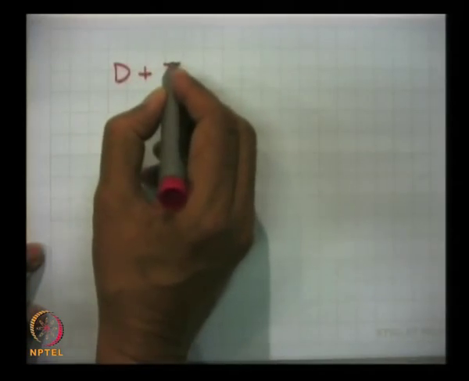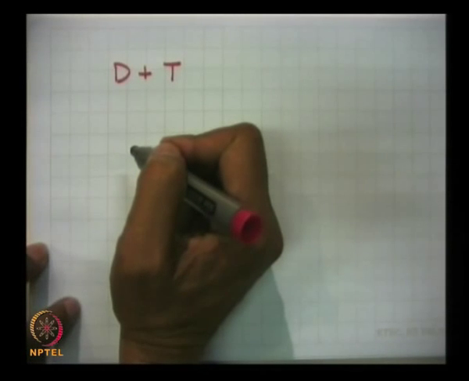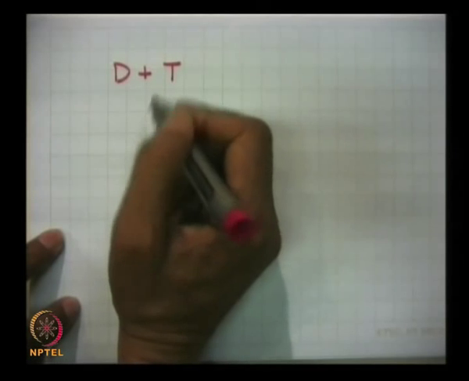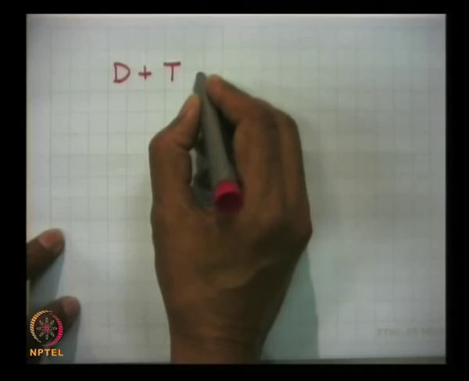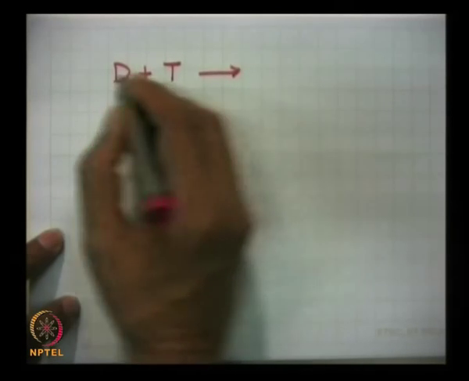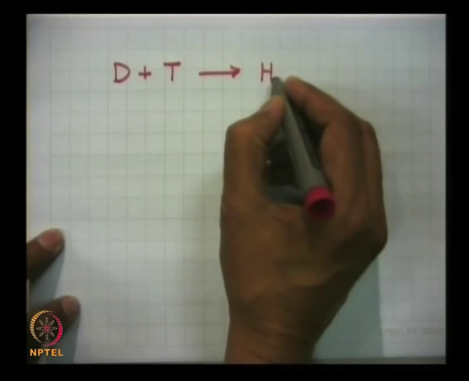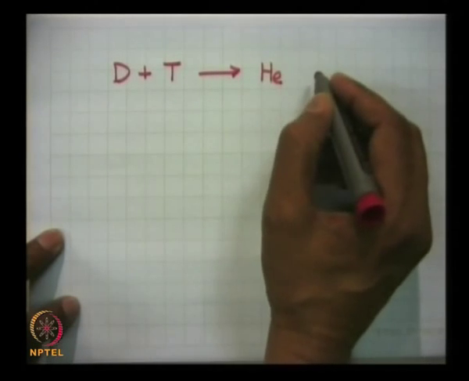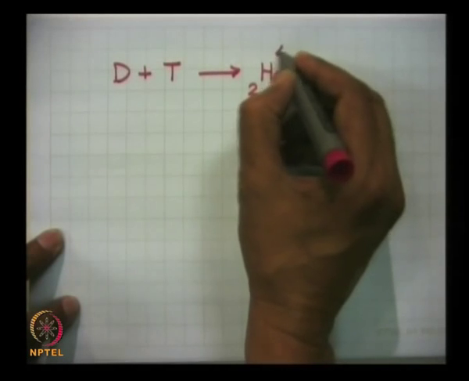Deuterium and tritium are considered to be the major thermonuclear fuel. If the nuclei of deuterium and tritium can be fused, then they will produce a helium nucleus called alpha particle with atomic number 2 and atomic weight 4.